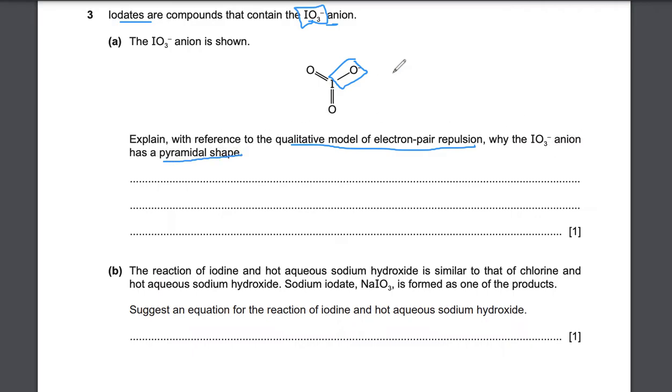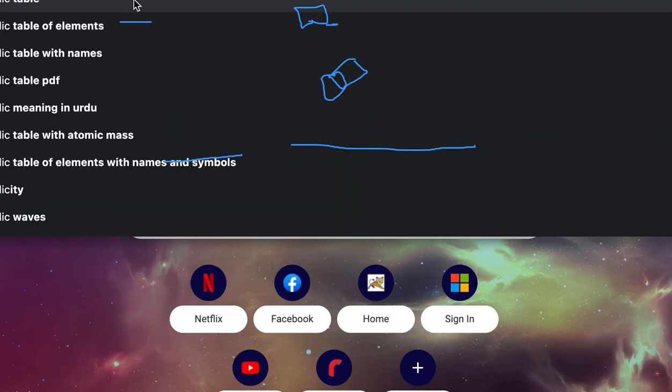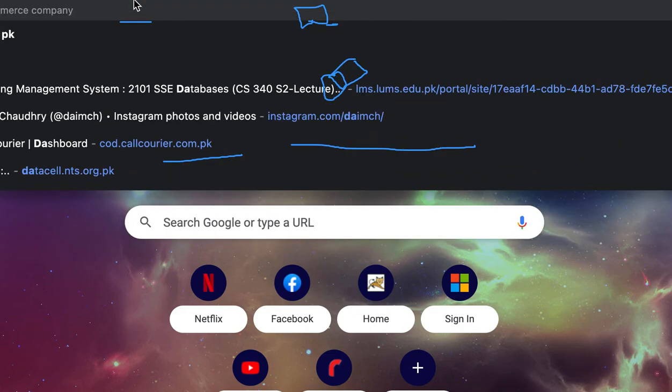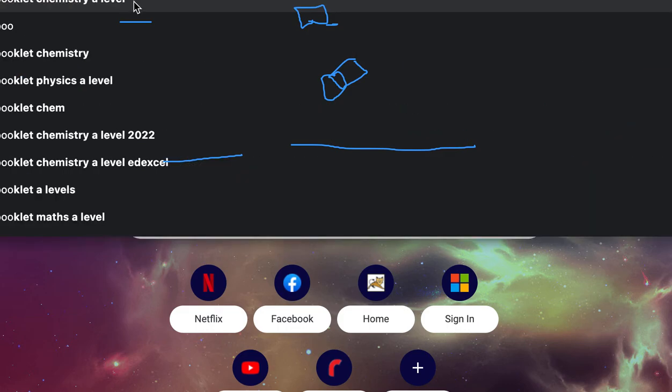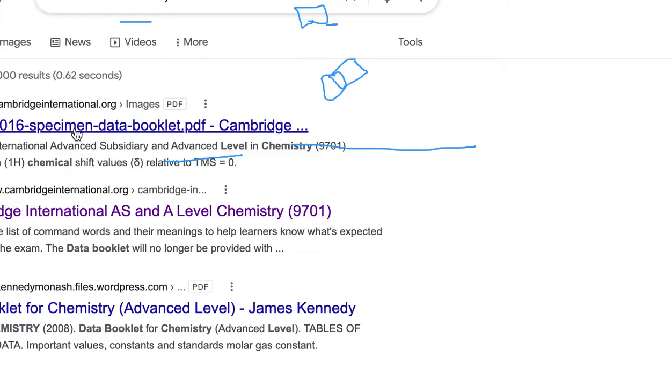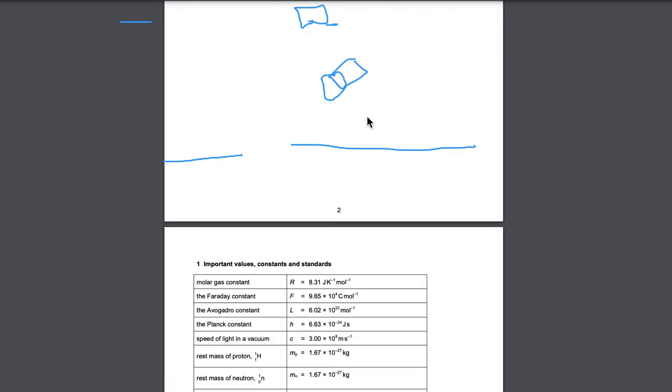a pyramidal shape. Okay, so we need to know how many valence electrons iodine has. So let's open the periodic table. How about we open the data booklet? Data booklet, chemistry A levels. Okay, so where were we?